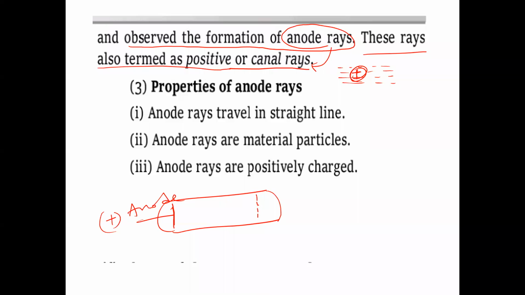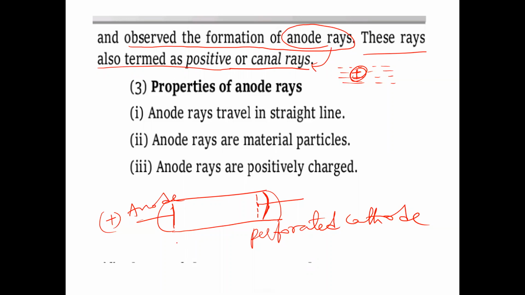The cathode plate has small pores on it; this is the perforated cathode. And at the back there will be a photographic plate. This photographic plate is used to identify anode rays.